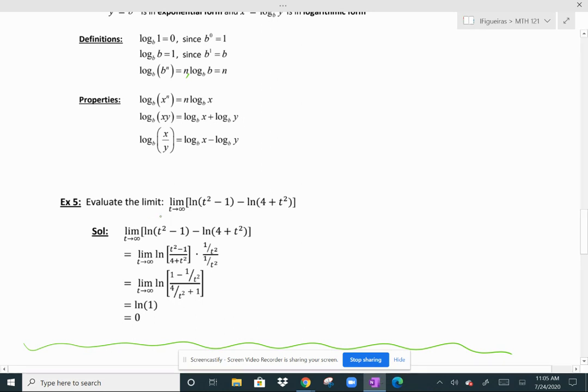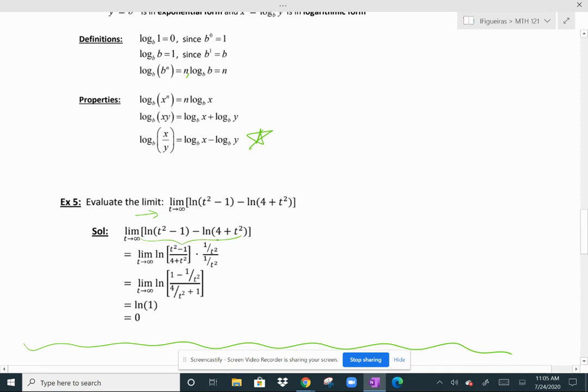We have the limit as t approaches infinity of ln of t squared minus 1 minus ln of 4 plus t squared. I'm going to apply this property to this logarithm, rewriting that difference as a quotient.